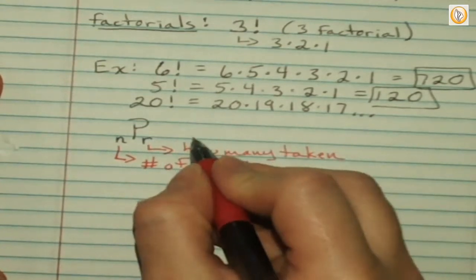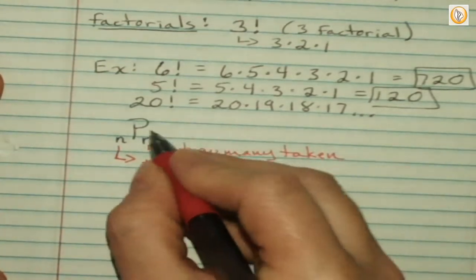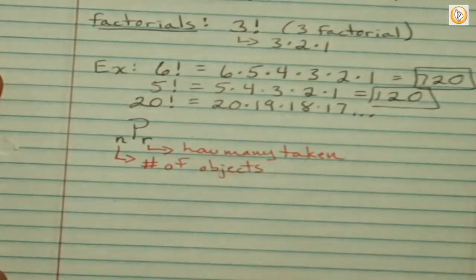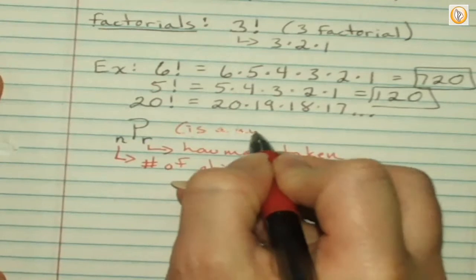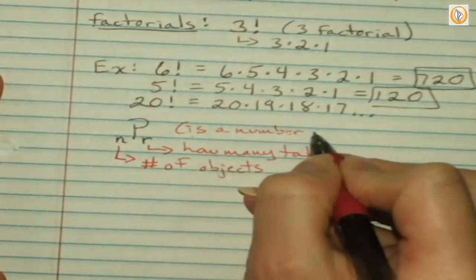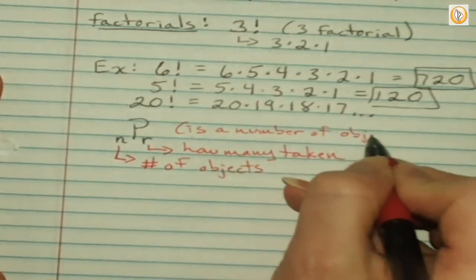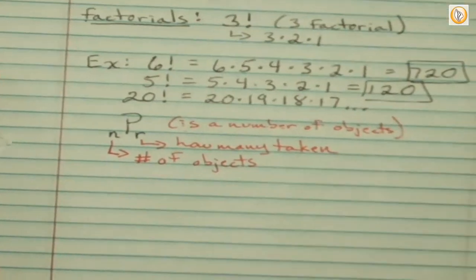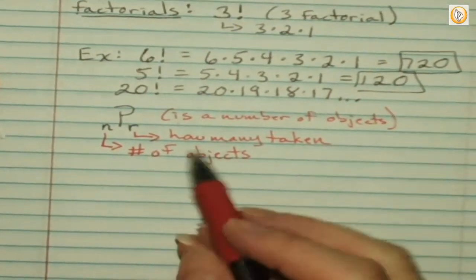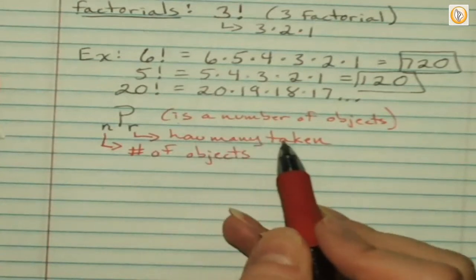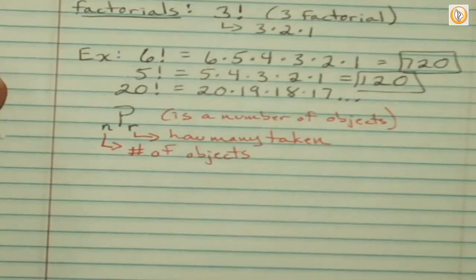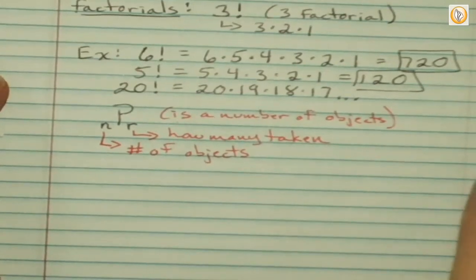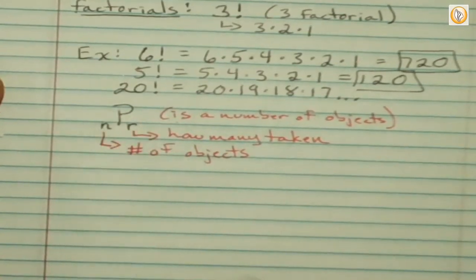The P is the whole thing. So R is how many taken, and N is the number of objects. I'm going to explain that to you in just a minute, but this is the formula and what it looks like.